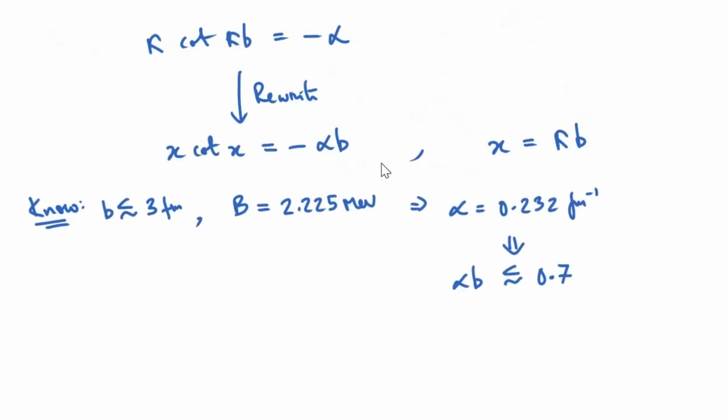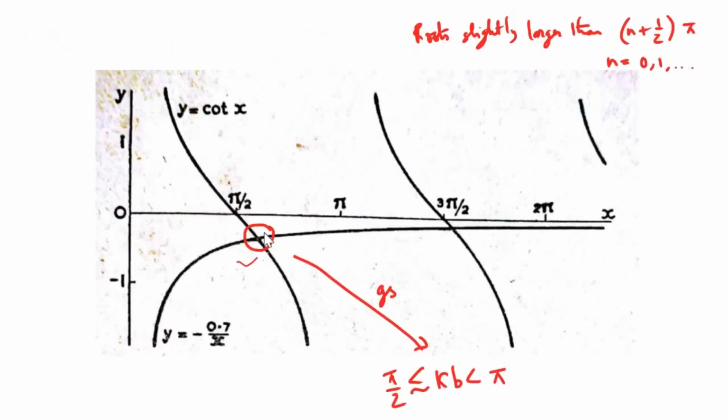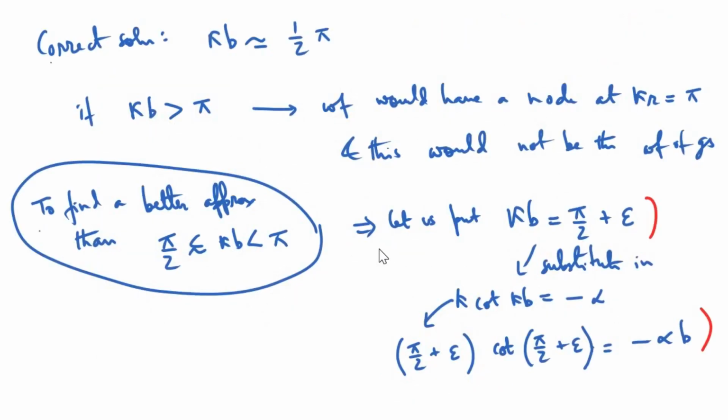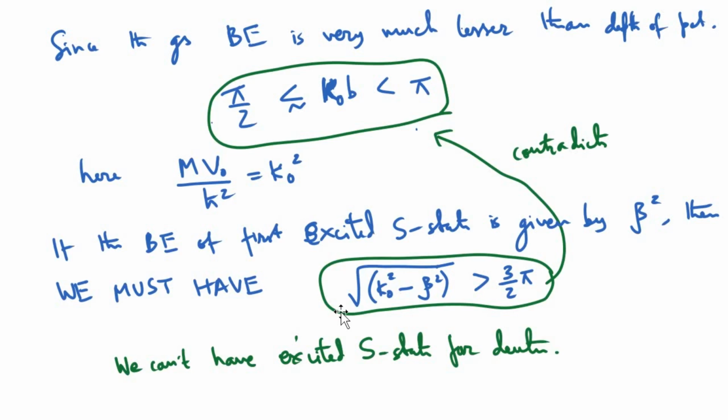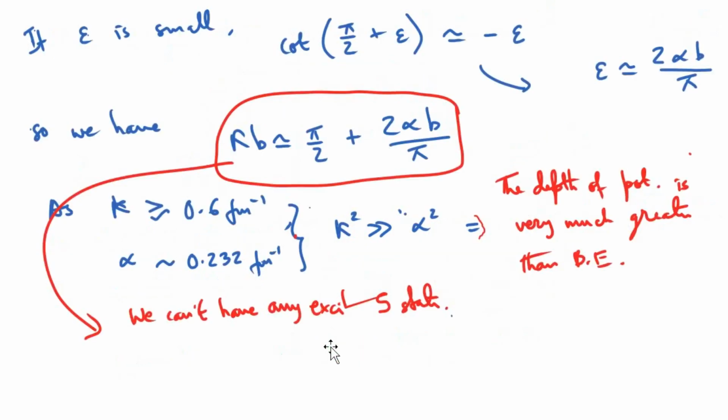We have tried to find the solution, and we have seen this is the ground state, right? And after that, what did we do? After that, we tried to investigate if we can have an excited state for Deuteron. So we can't have that state for Deuteron. Next, what we are going to investigate is the following.